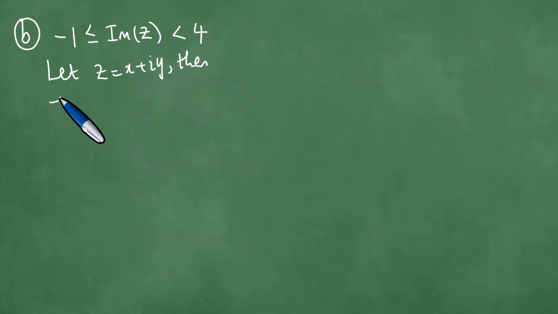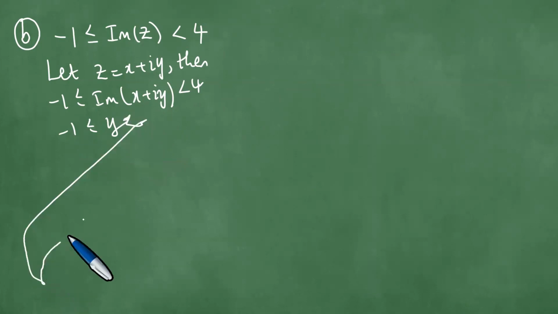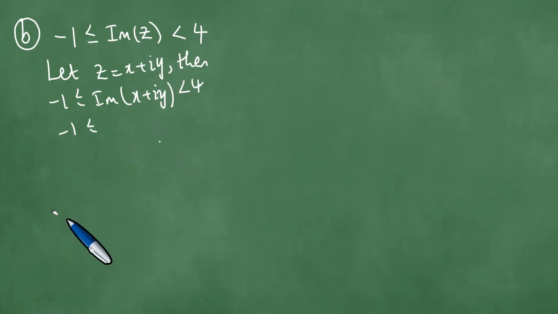And then it means that we can have -1 less or equal to the imaginary part of Z, and the imaginary part is Y. Looking very carefully, this is the same as the imaginary part that lies between -1 and 4.